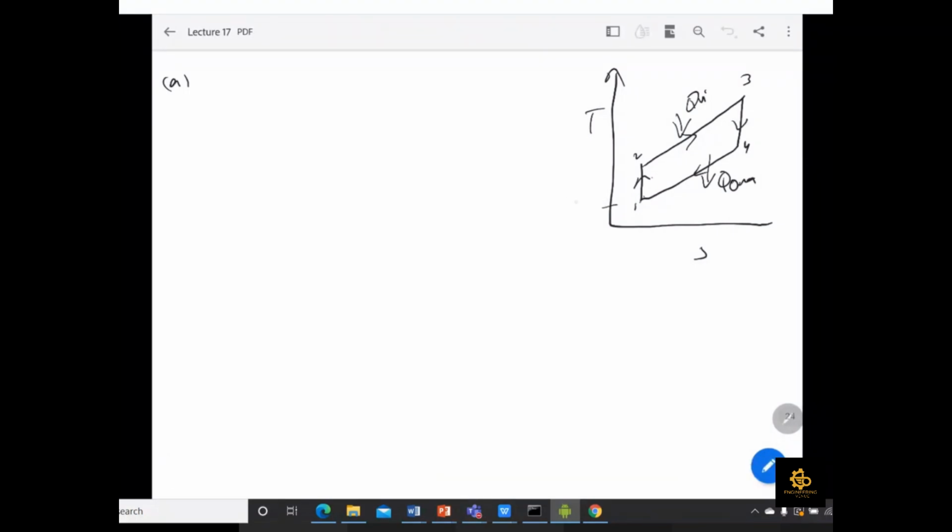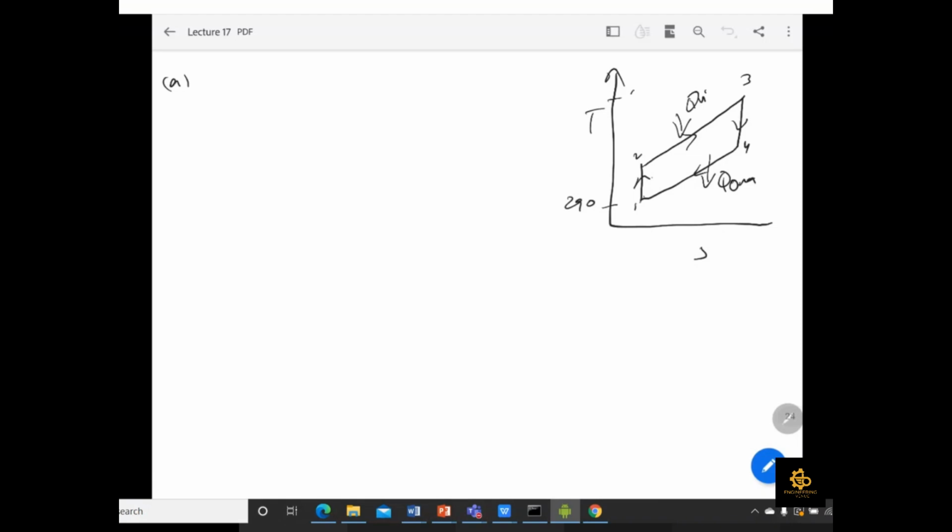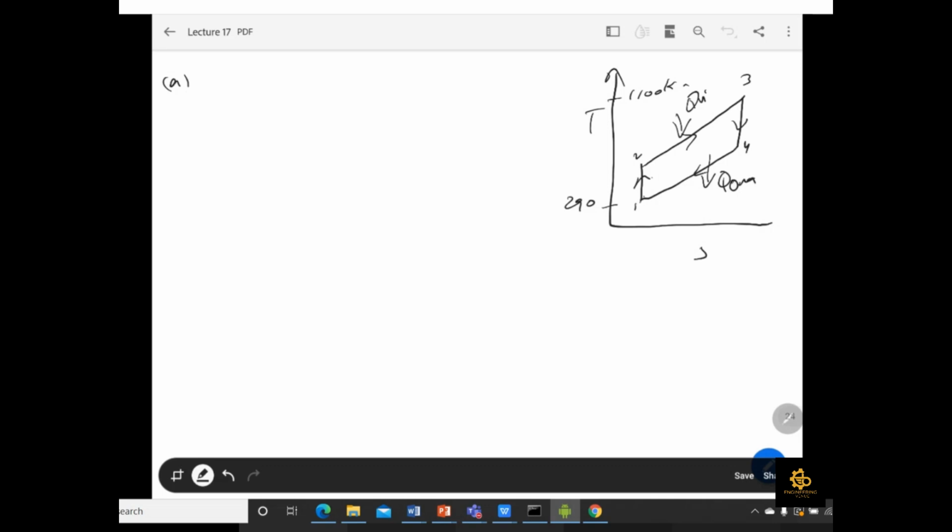So T1, which is 290, is given in your question, and T3 is also given in your question, which is 1100 Kelvin. Okay, so for the first part, we have to use the equations.